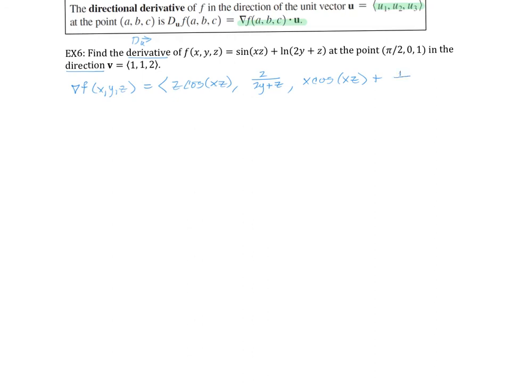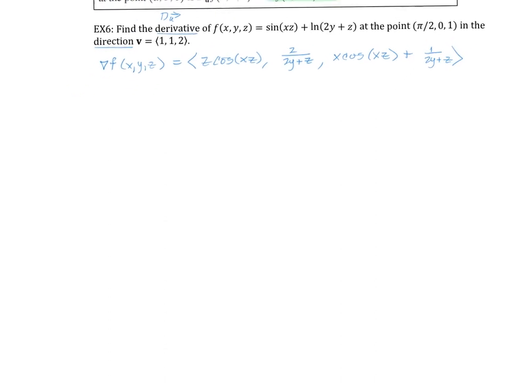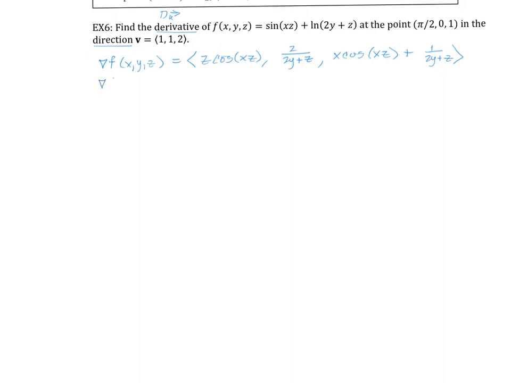This would be plus 1 over 2y plus z. Now I evaluate my gradient at pi over 2, 0, 1, and that looks like it should be 0, 2, 1.